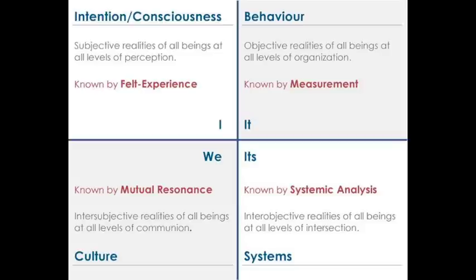So for example, the kinds of reasons that you have for idealistic metaphysical claims are going to be based on upper left quadrant felt experiences, and through lower left traditional dogma and indoctrination, cultural conditioning. And the way that we know that consciousness is a byproduct of matter is known by systemic analysis.